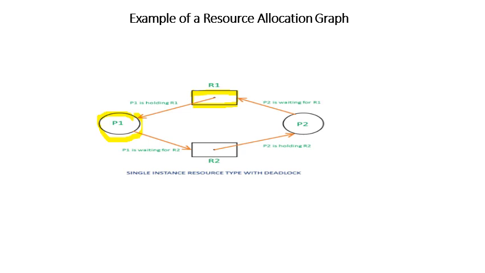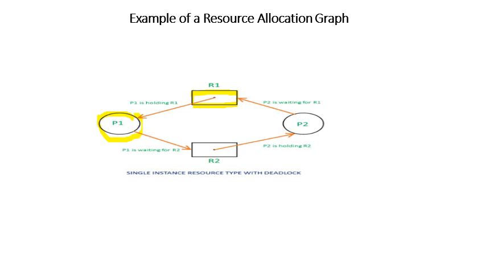In this way we can identify which is the process and which is the resource. By seeing the directions, we can identify whether it is a request edge or an assignment edge. If you keenly observe, here there are two resources, R1 and R2, and there are two processes.